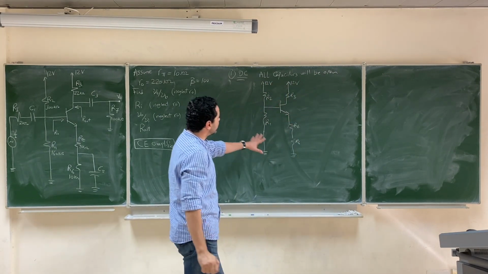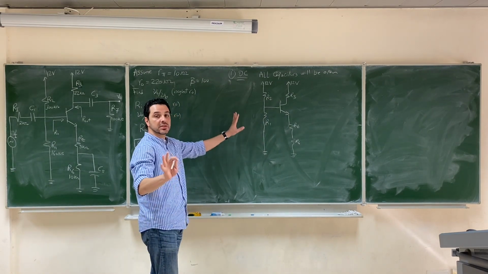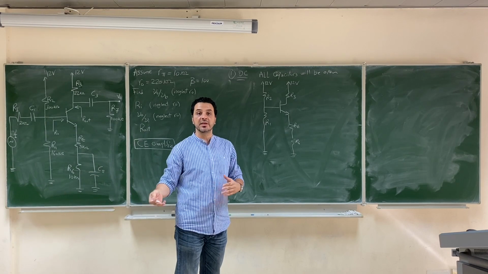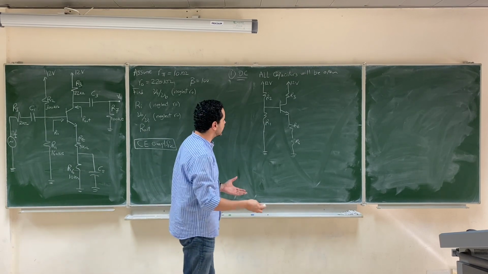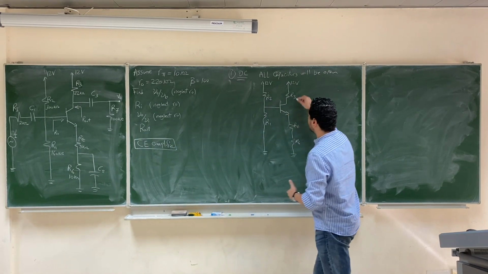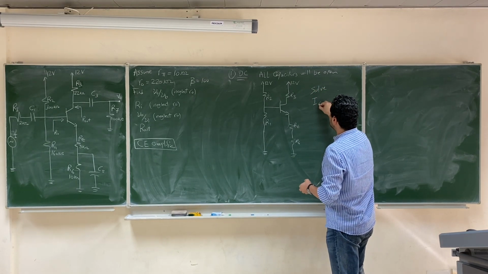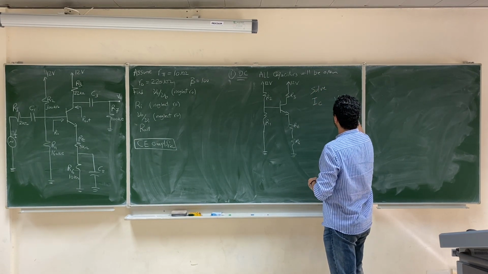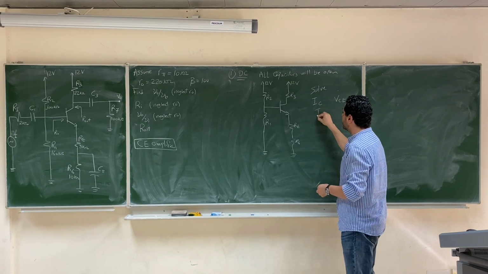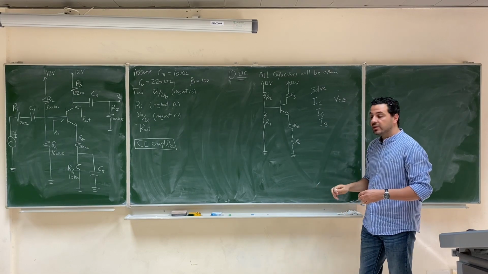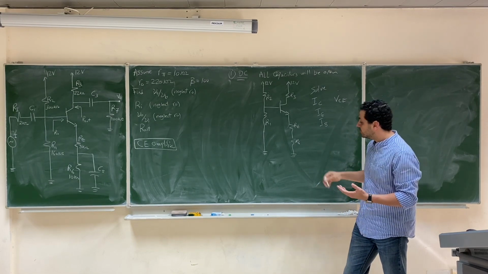And then you need to solve this DC circuit. This is a pure DC circuit. You solve it in the same way that we solve DC analysis of the bipolar junction transistor. You need to solve and calculate all the DC currents and VCE, IE, IB. And once you do that, you will be able to calculate the AC parameters.